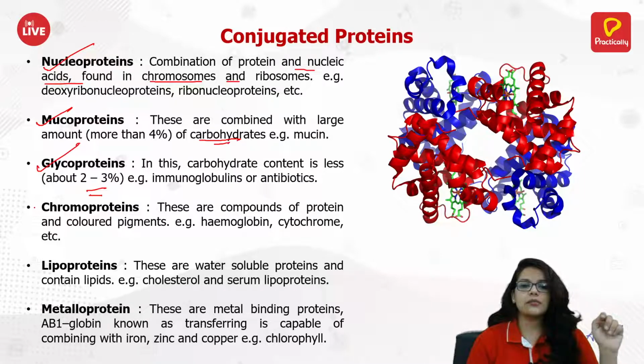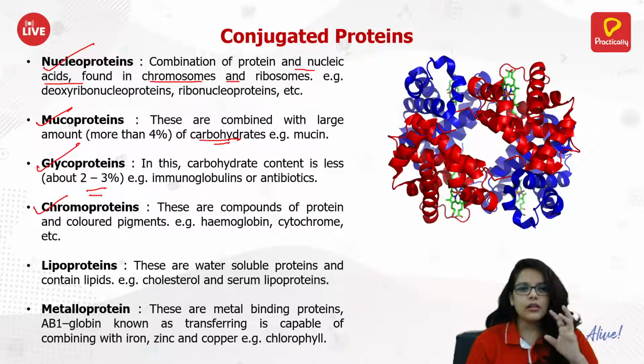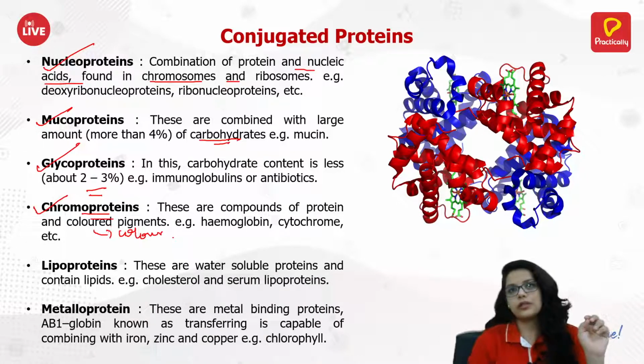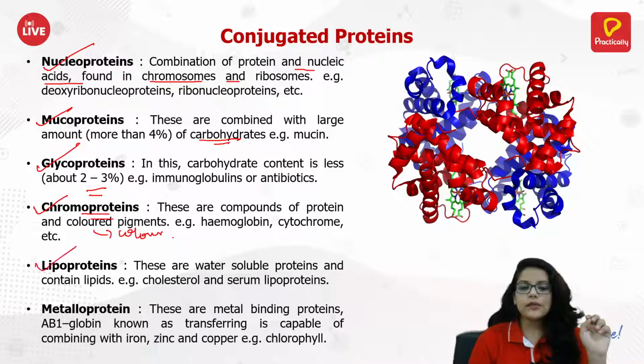Now, suppose there are some extra color pigments, such as hemoglobin. Hemoglobin has that red color. Those are chromoproteins. Lipoproteins, very easy. The name is only suggesting they have lipids in the protein structure.